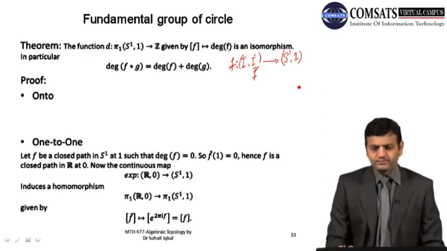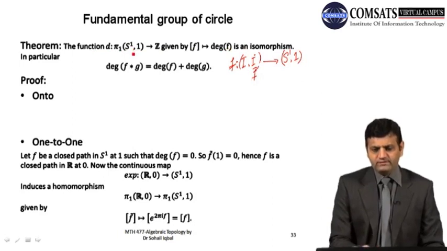So now why is this well defined? This function is well defined because we have seen that if f is homotopic to g, then they have the same winding number. So this pi 1 of S1 is basically the path classes of all loops inside this circle.